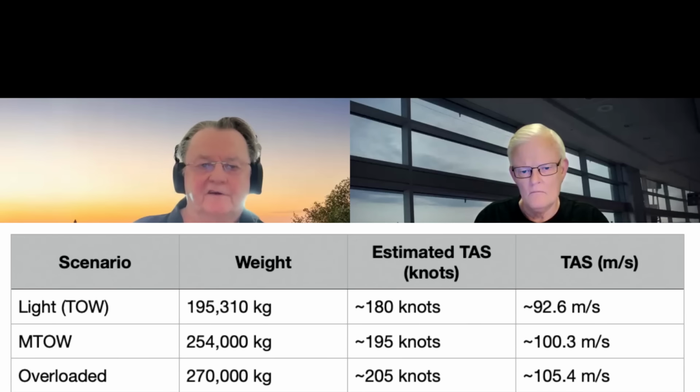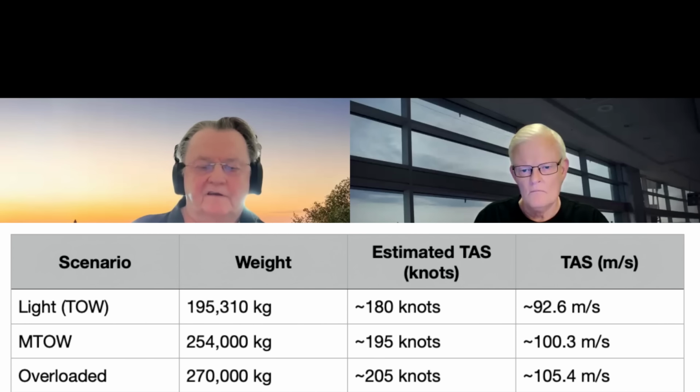So, what does this tell you about the speed of the descent and the time taken for the descent? Well, the weight of an aircraft affects the true airspeed required for that glide ratio of around 17:1. We're showing another screenshot of the estimated true airspeed in knots and then in meters per second.